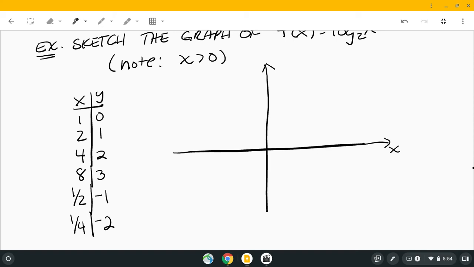So let's go ahead and graph these points: 1, 0; 2, 1; 4, 2; 8, 3.